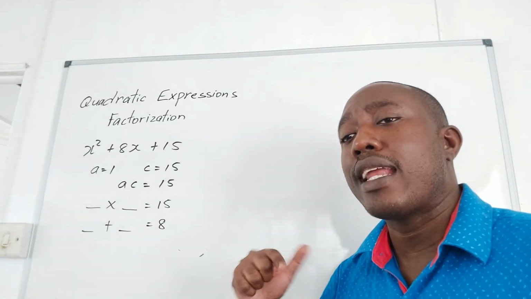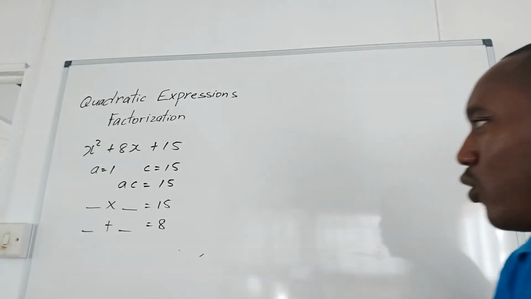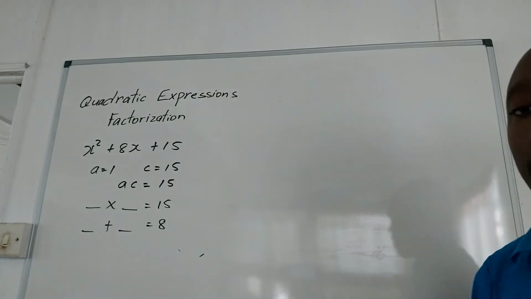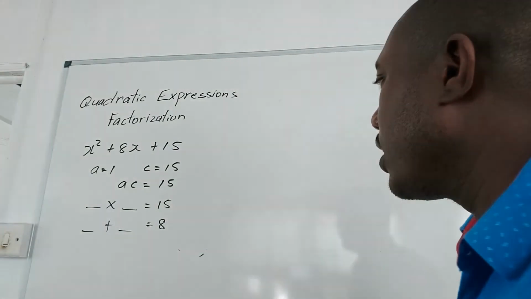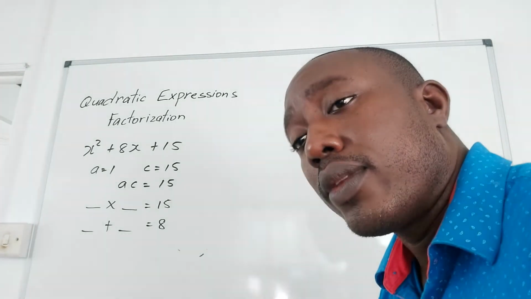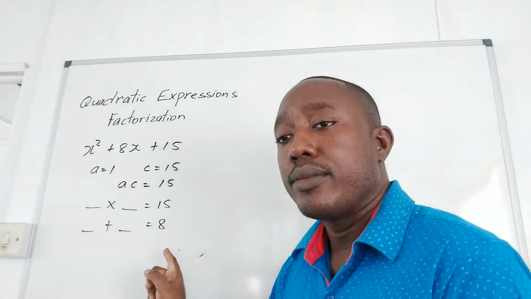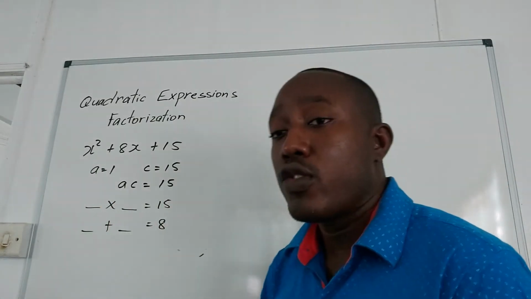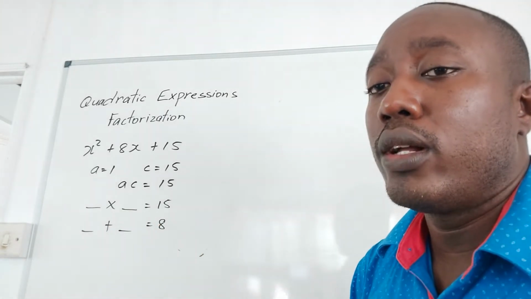You might say, we just multiply 1 and 15 and we get 15. That is absolutely correct, but 1 plus 15 is not equal to 8.